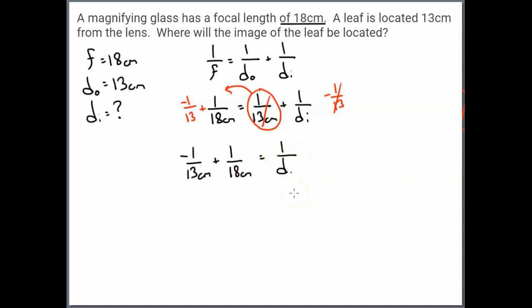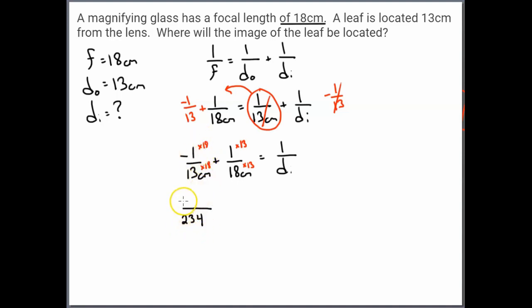Now we can do what we did before. We've got a common denominator of 13 times 18. So I'll multiply by 18, top and bottom here, and by 13 for this fraction. That gives us our common denominator of 234.